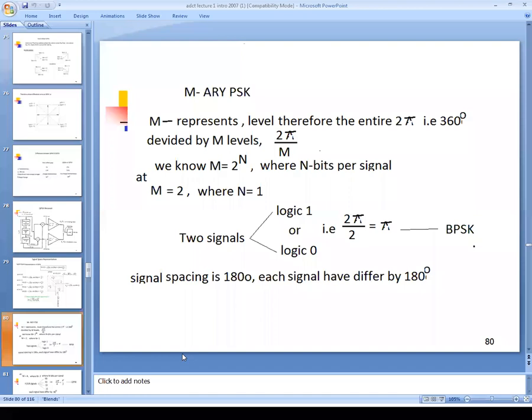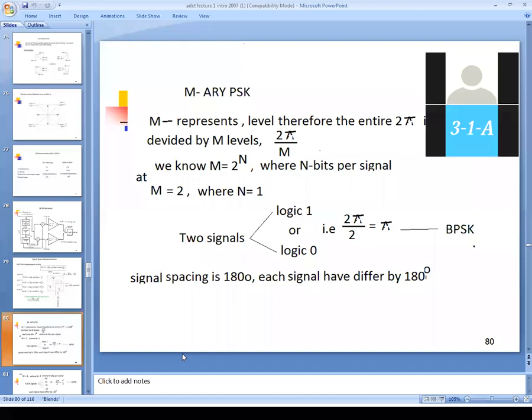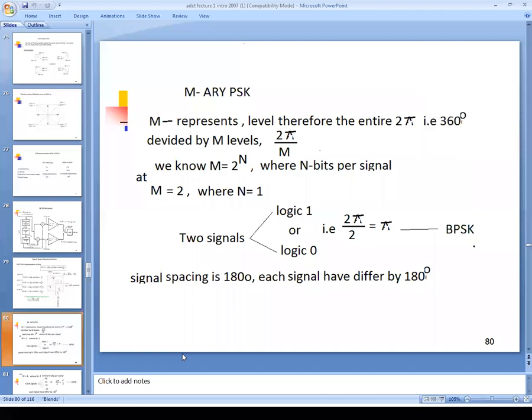So that is the QPSK part. Now you go for M-ary PSK. In M-ary PSK, M represents the number of levels.